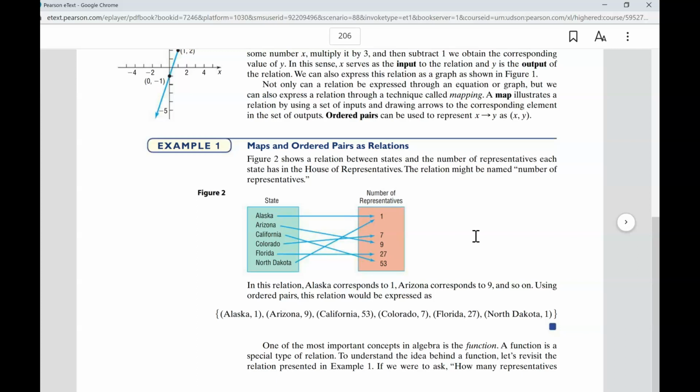The answer is yes, it is a function, because each one of these inputs is associated with only one output, and therefore it's perfectly predictable according to input. Notice this element here of the outputs, this 1 has more than one input associated with it, but that's okay. That doesn't have anything to do with a function. An output can have more than one input associated with it, but the inputs can only have one output associated with it.